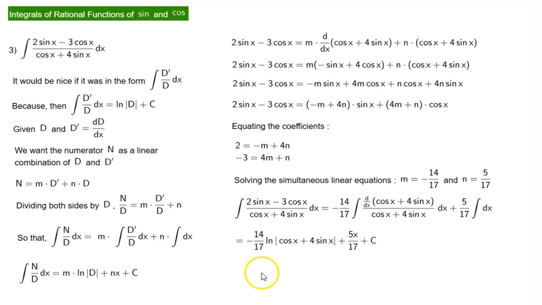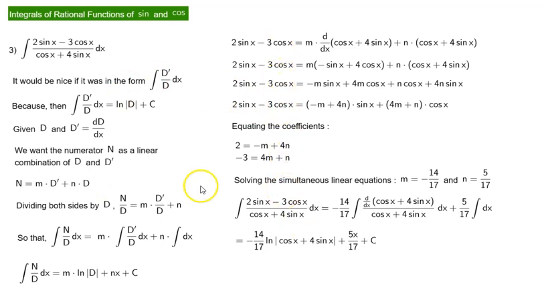And this would be equal to m times natural log of absolute value of d plus nx plus c. So m is minus 14 by 17 times natural log of d. D is the denominator, that is absolute value of cos x plus 4 sin x, plus 5 by 17 x plus c. So if you remember this concept, going from here to here is pretty straightforward.